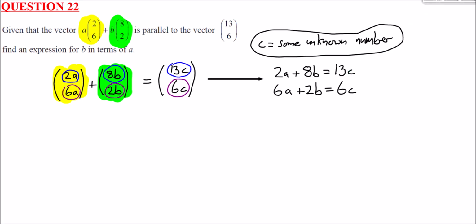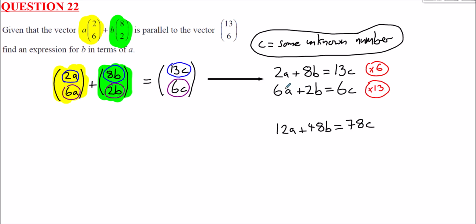In other words, I can just multiply the top by 6 and the bottom by 13. And if I do that, what I'm now going to get is the next line. So I'm now going to have 12A. 8 times 6 is 48, so 48B. 13 times 6, as I've said, will be 78, so it becomes 78C.